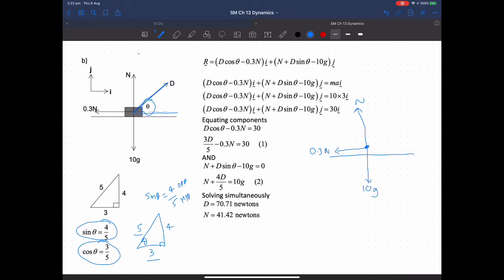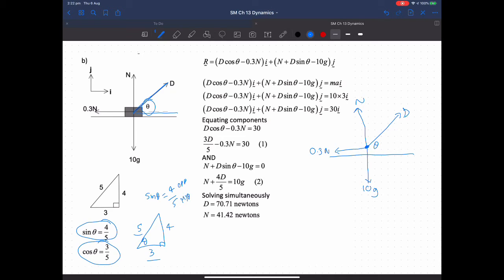That hasn't changed. What has changed, though, is the dragging force. The dragging force is D. So, we do know, though, that that makes an angle of theta with the surface.